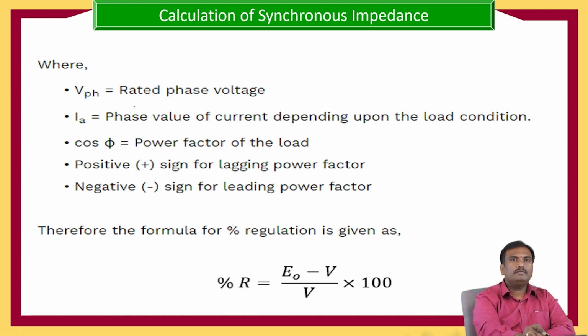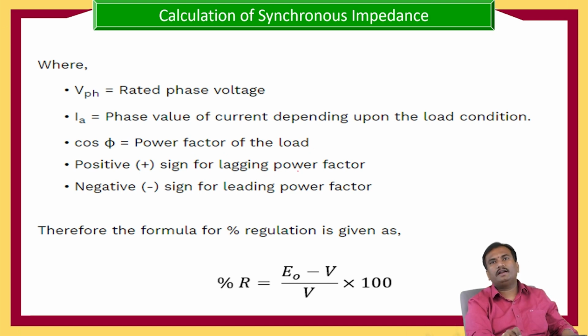Here V phase is the rated phase voltage, IA is the phase value of current depending upon the load condition, and cos phi is the power factor of the load. The positive sign is for lagging power factor and the negative sign is for leading power factor. Therefore, the formula for percentage regulation is percentage regulation equals E naught minus V by V into 100. This is the percentage regulation of an alternator.